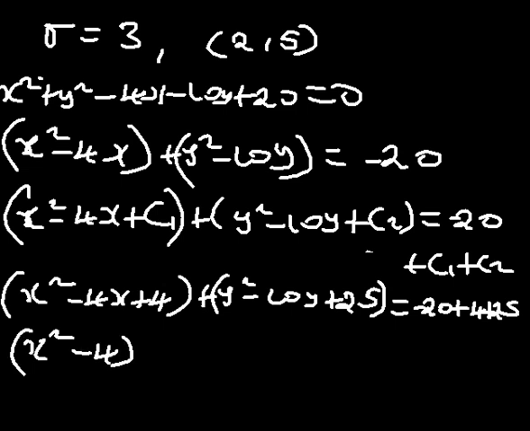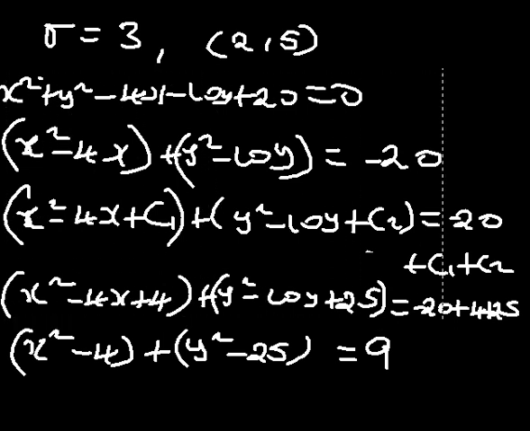You should remember the way we discussed solving quadratic equations using the completing the square method. Try to go through that one in case you missed it. This is equal to negative 20 plus 25, which is 5, plus 4, which is 9. So you should understand that in that way.